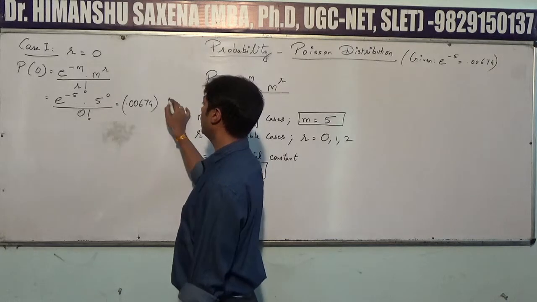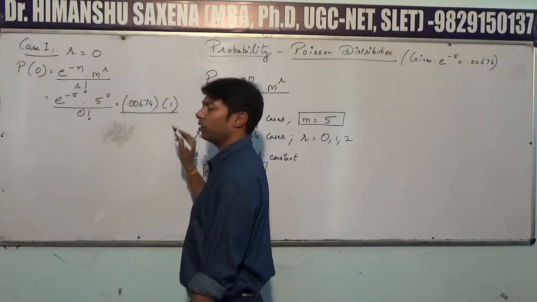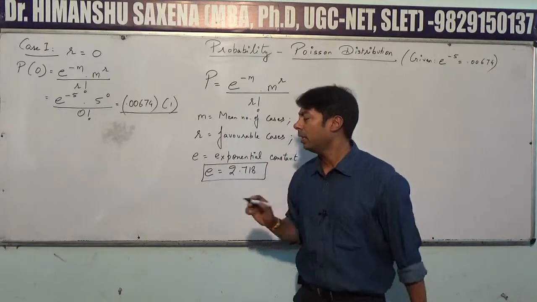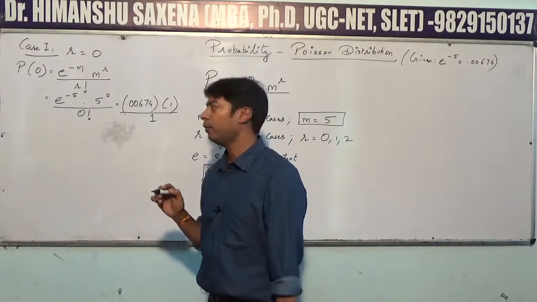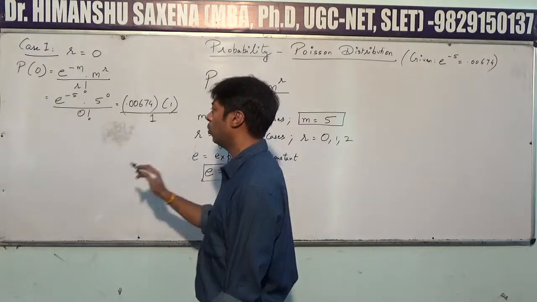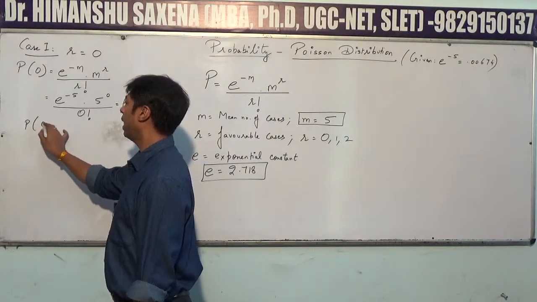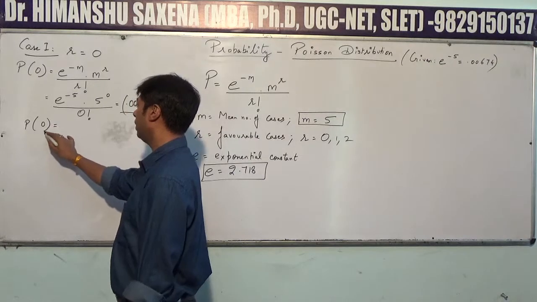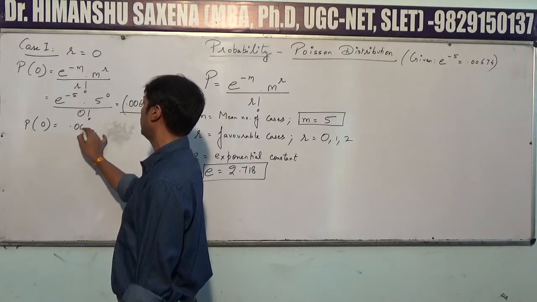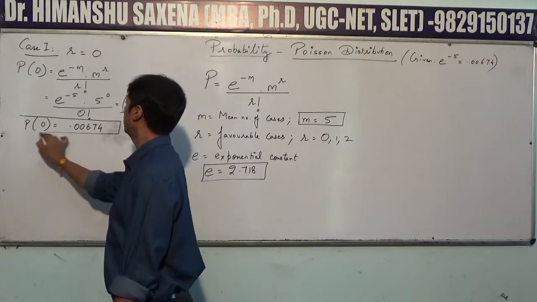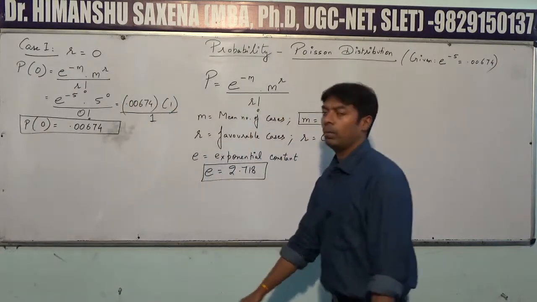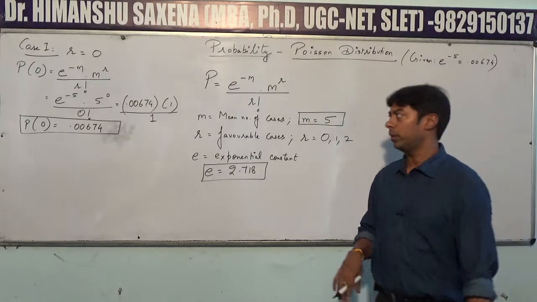Anything raised to the power 0 is always equal to 1, as explained previously, and 0 factorial is also equal to 1. This is a mathematical fact. So the probability when r is equal to 0 is 0.00674. Highlight this answer.